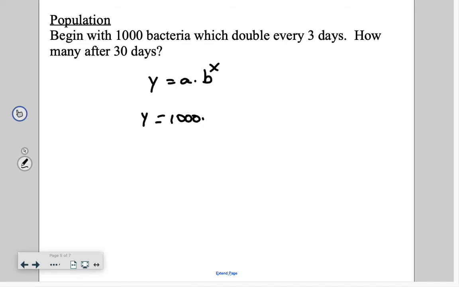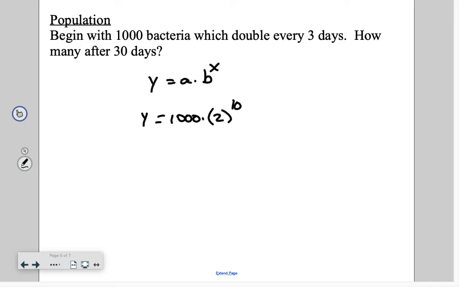Because it's doubling in this case, every 3 days. But because it's doubling, we're multiplying it by 2 every time. And again, if you think of the exponent as how many times are we doubling, kind of like you did with the half-life, what's the power going to be? 10. Why 10, Cooper? Because you're going 30 days and it's doubling every 3, so it's going to double 10 times over the course of 30 days. So our exponent will be 10 in this case.